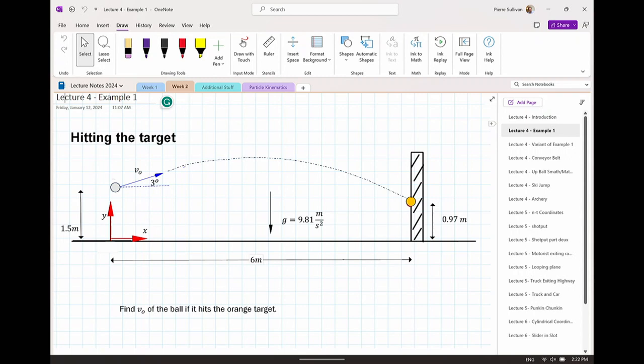G is acting downwards, no surprise, and that again is going to be the only term that I worry about. I'm told that at the end of its flight, y final is 0.97 meters. So it starts out at a high point, it moves through an arc, and as it comes back down, it's going to get to 0.97 meters.